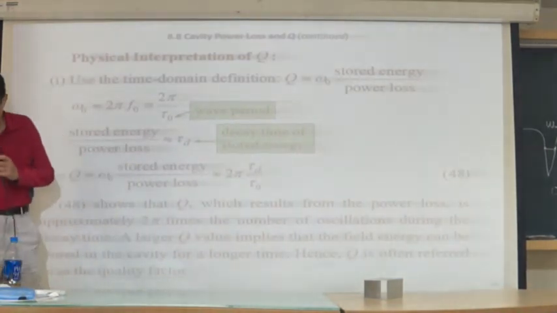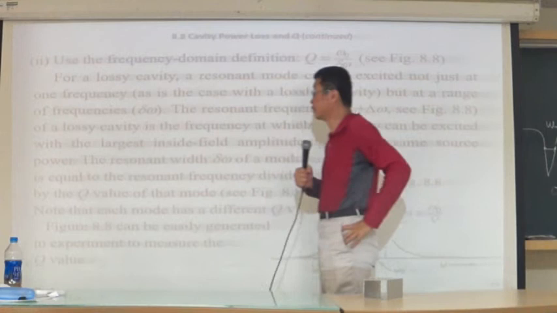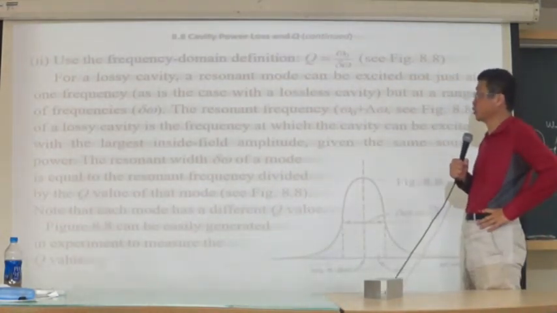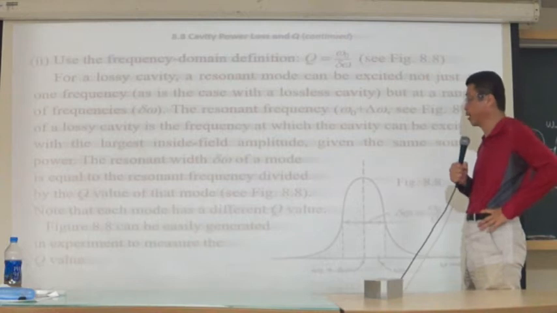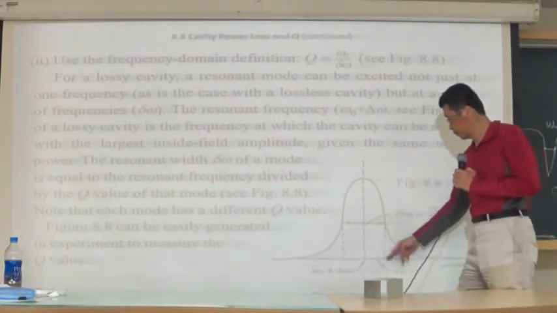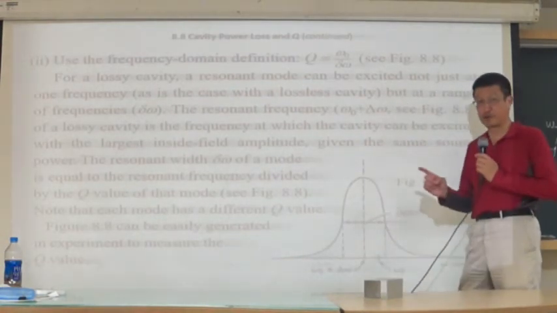Have another look. That's the frequency domain. The frequency domain definition, we have omega 0 divided by delta omega. Omega 0. Actually, we have 3 omega.